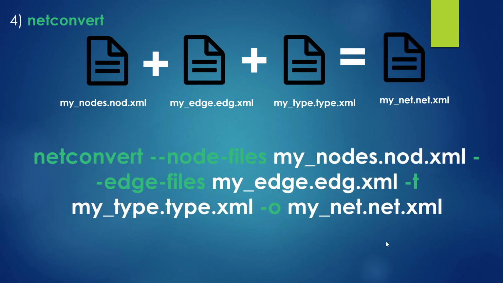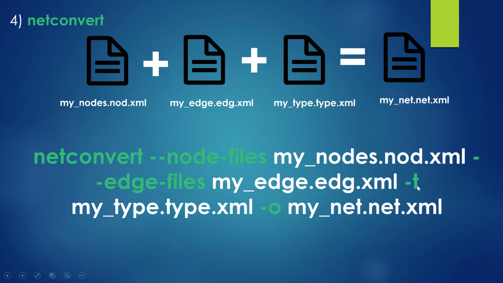And this is the command we are going to use in order to generate the network. So we start with netconvert, and then we give the node files command, then the name of our node file, followed by the edge files command, and then the name of our edge file, followed by t.